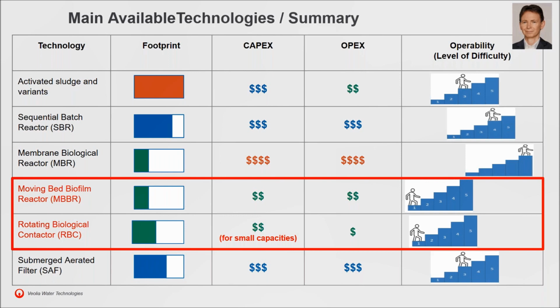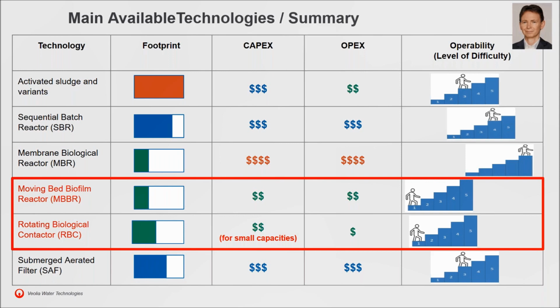If we look at the different technologies, we see that the activated sludge is the most area extensive technology. The most compact ones will be MBBR, RBCs, and MBR, which are about 1/3 of the activated sludge plant footprint.